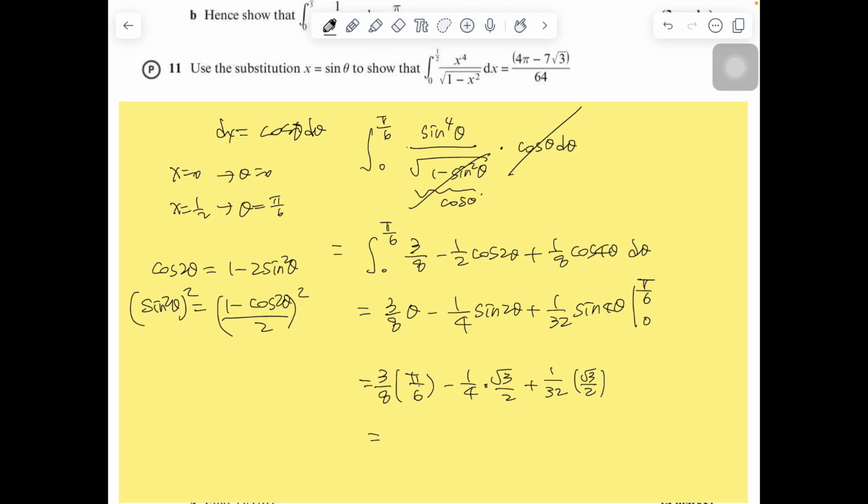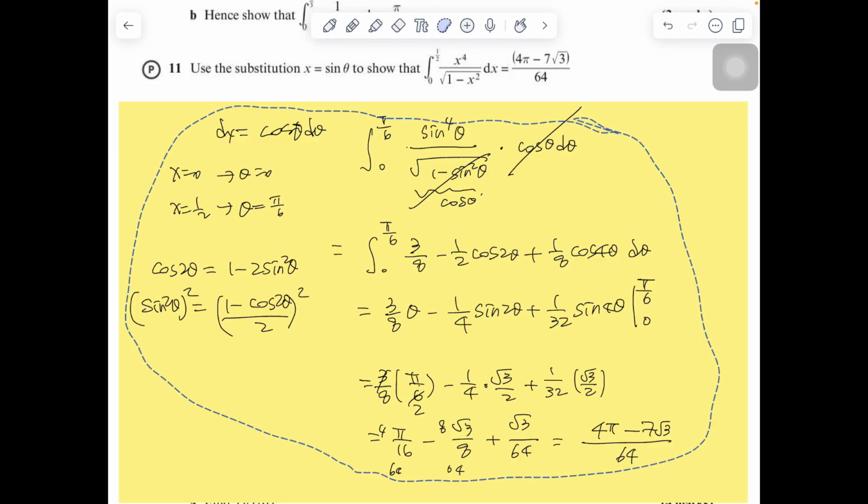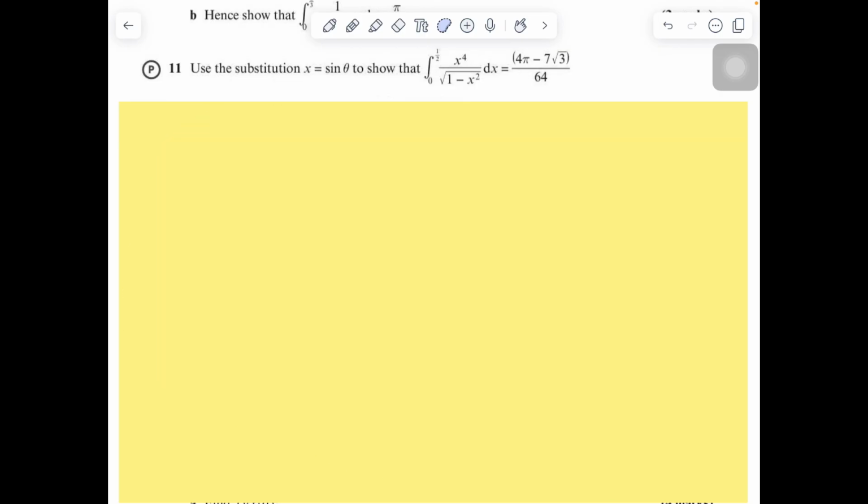So this one is pi over 16 minus square root 3 over 8 plus square root 3 over 64. Therefore, this is 1 over 64 times 4 pi minus 7 square root 3. Yeah, so this is the answer. And let's go further down.